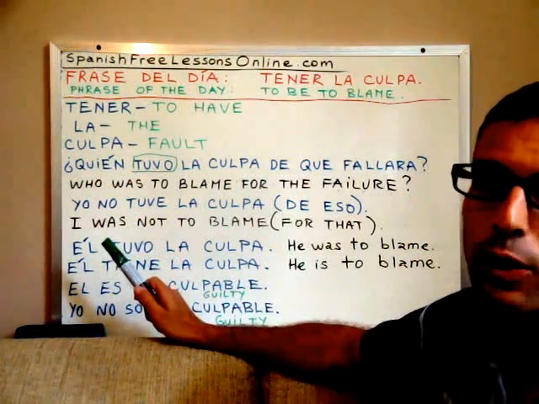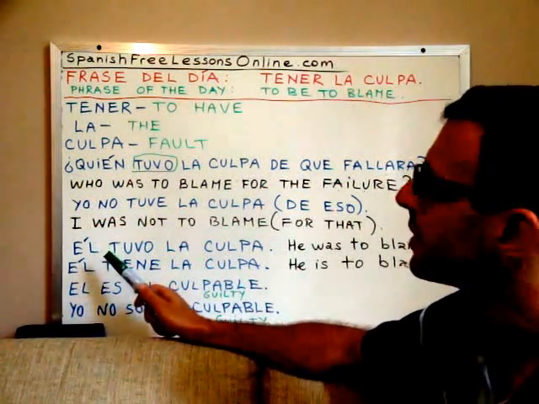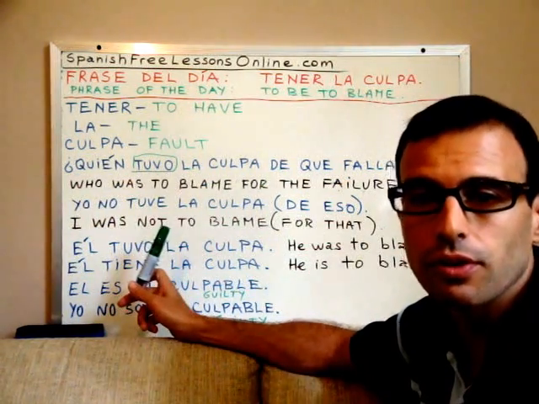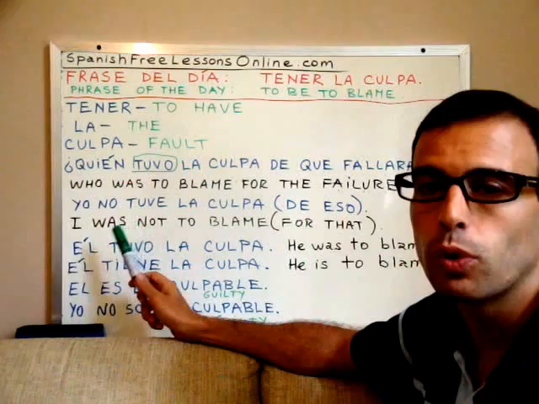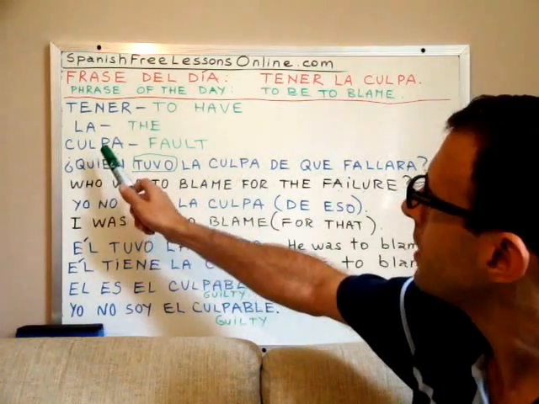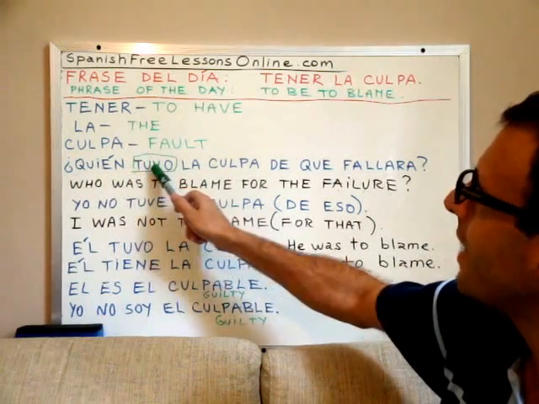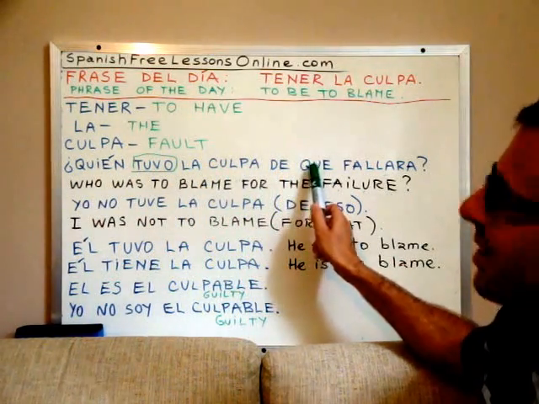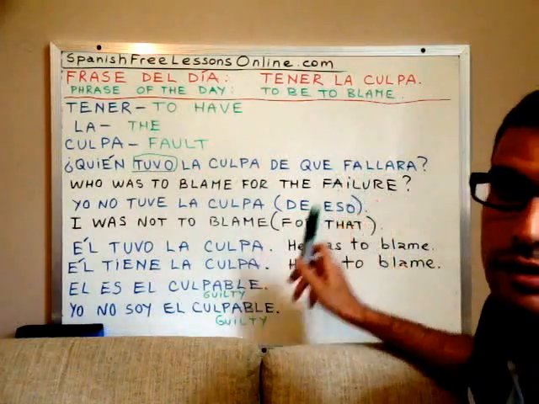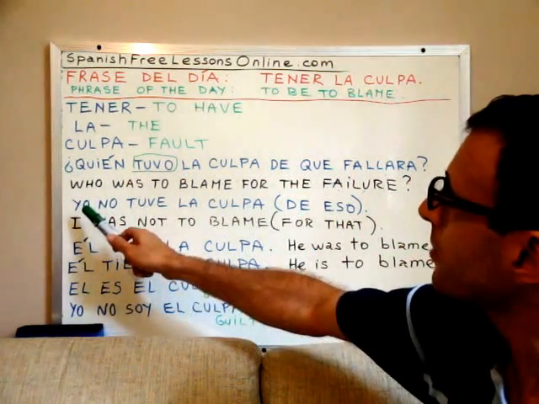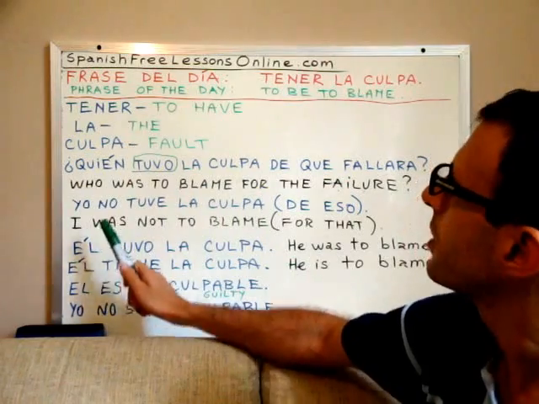¿Quién tuvo la culpa de que fallara? So, as you can see, the sentence structure is quite different than English. Again, let me repeat, who had the fault of that it failed? Okay, another example, now in the negative.